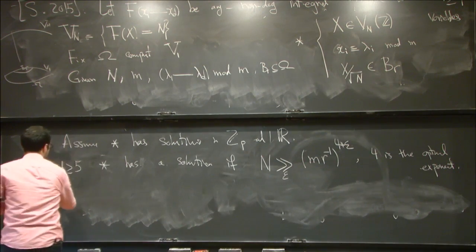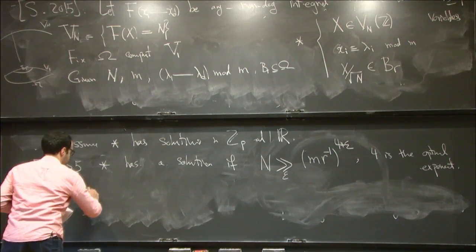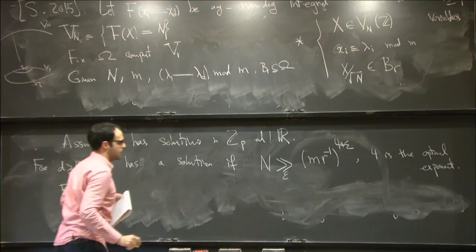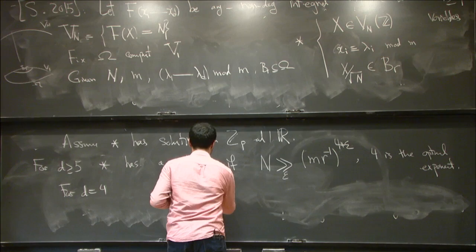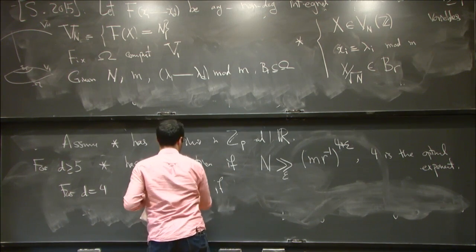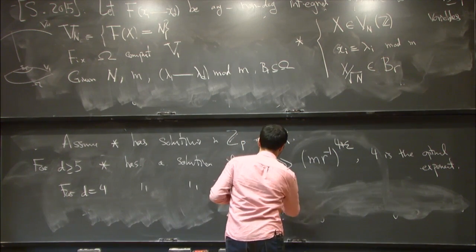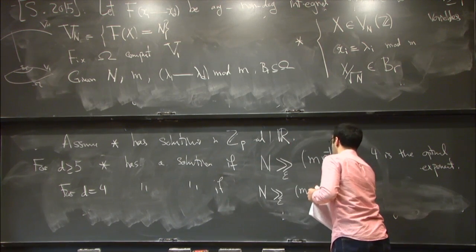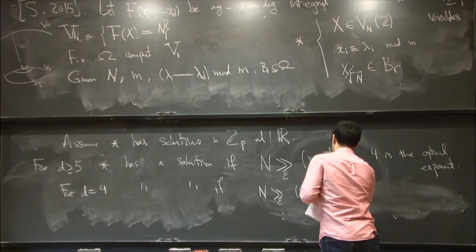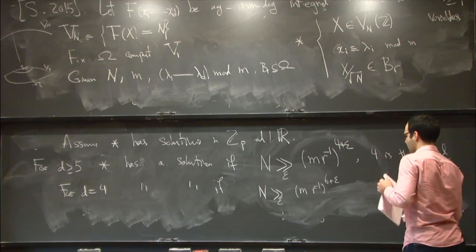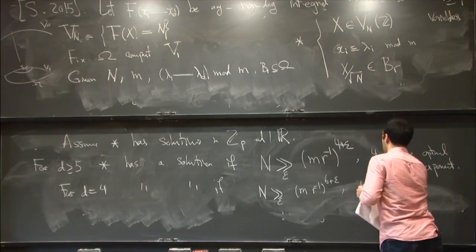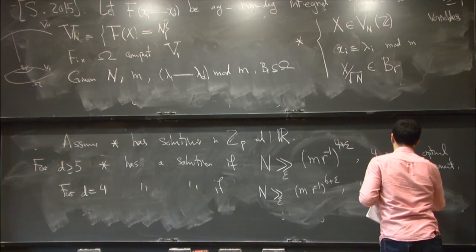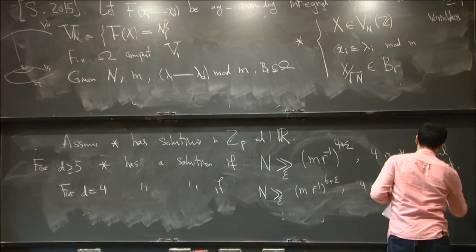So for d equals 4, I can show that this has a solution if n is bigger than, so this should be 6, 6 plus epsilon. And again, 4 is a lower bound for the exponent.